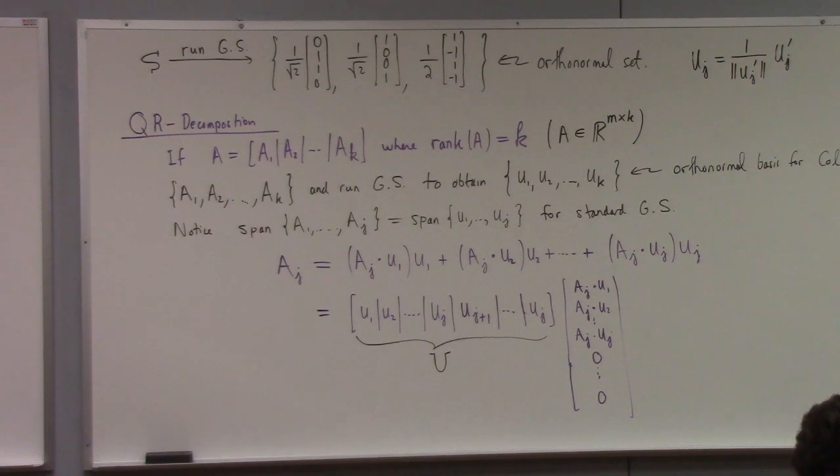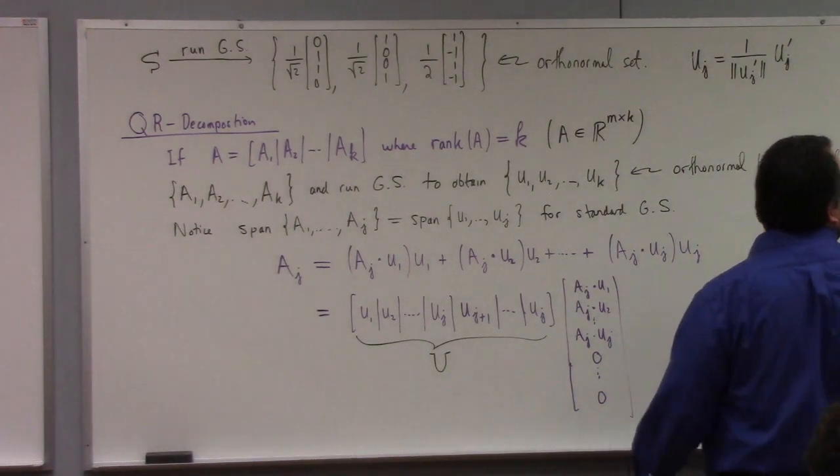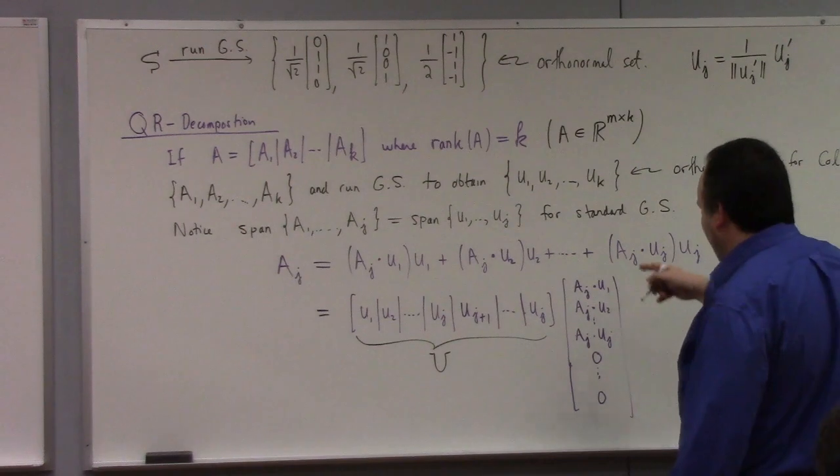All right, and then you have U times A1 dot U1, A2 dot U2, A3 dot U3, then zeros, right? Oh, wait a minute. Oh, look at that. Am I right?